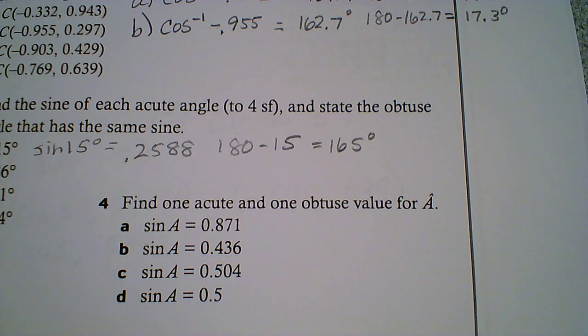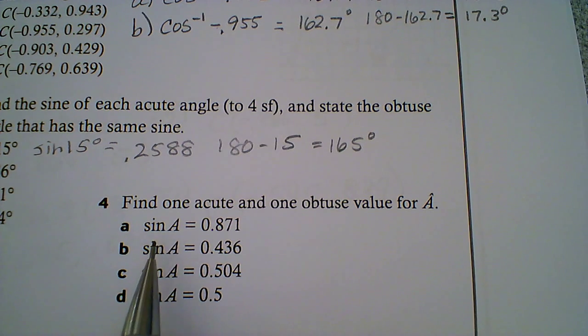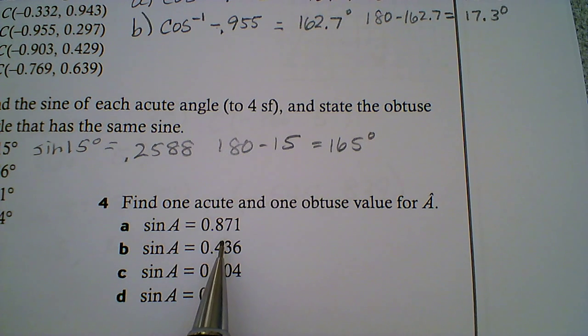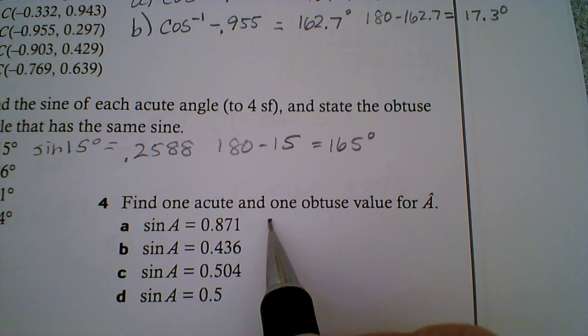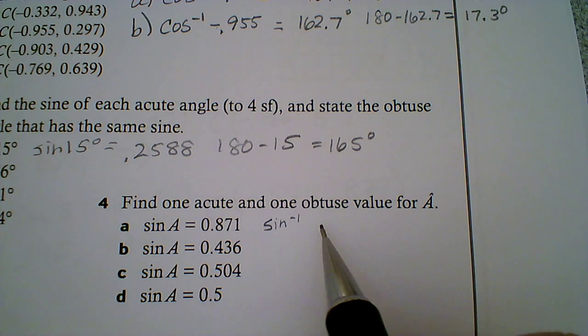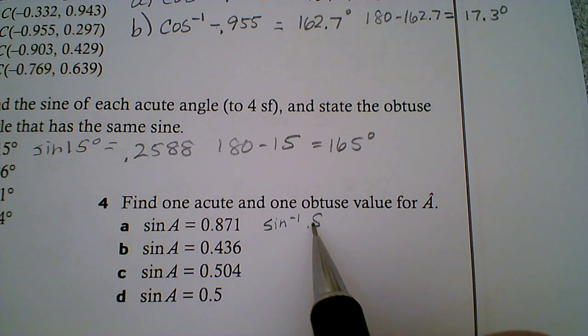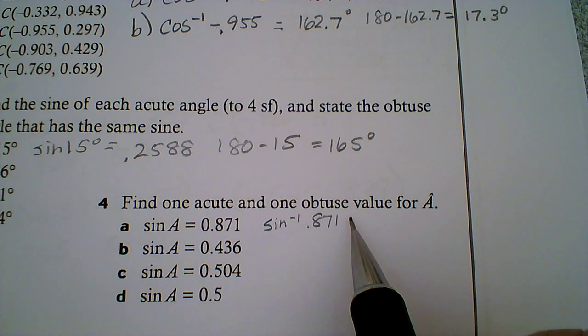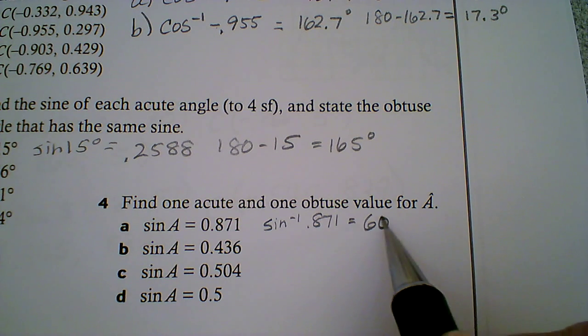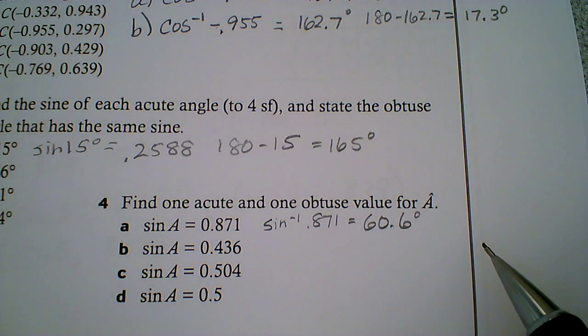And then the last question says, find one acute and one obtuse value for angle A. So in this case, we have the sine of A and what it's equal to, so we need to find the angle measure. So again, we will take the inverse sine of what we're given here, 0.871, and that gives us approximately 60.6 degrees.